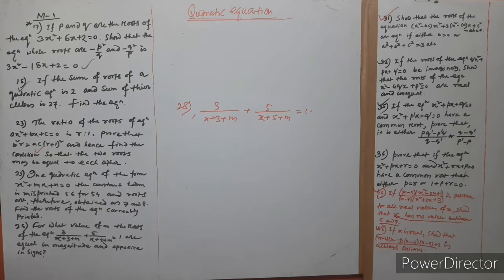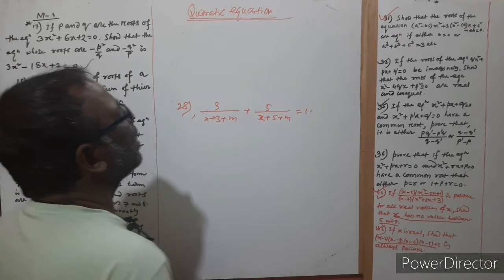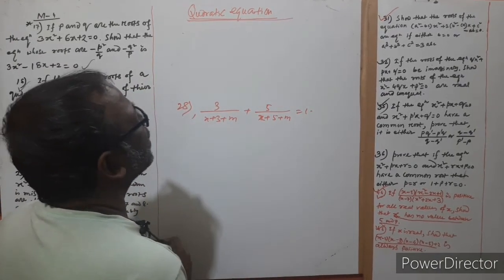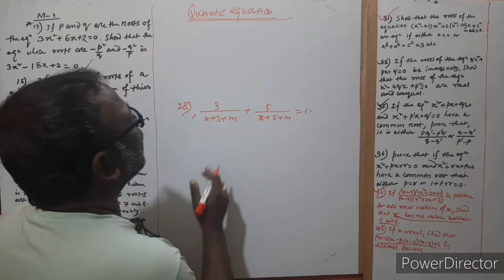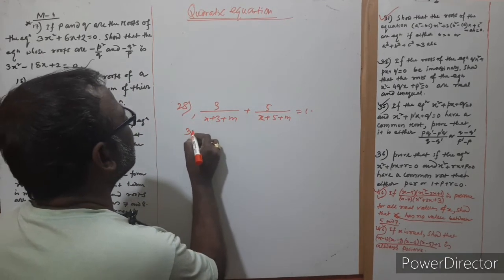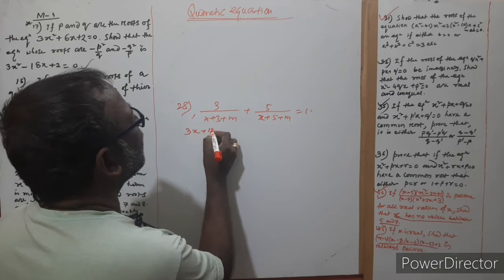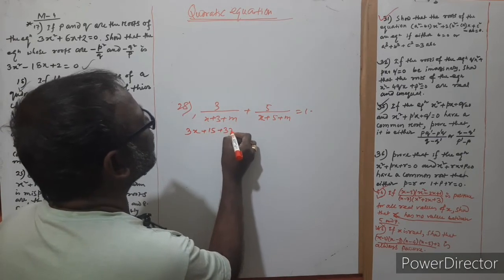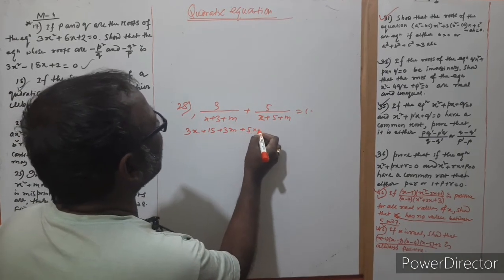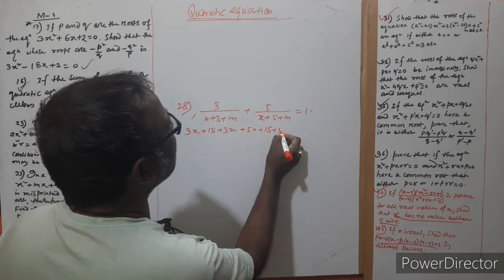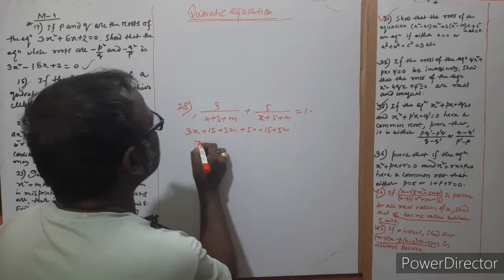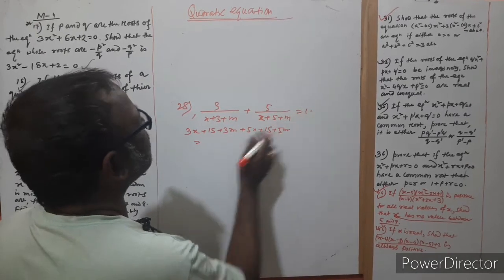So first we have to arrange this equation: 3x plus 15, 3m, 5x plus 15, 5m, and this into this are transferred to the right hand side.